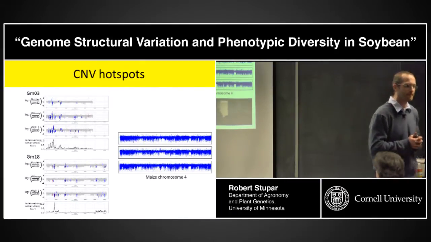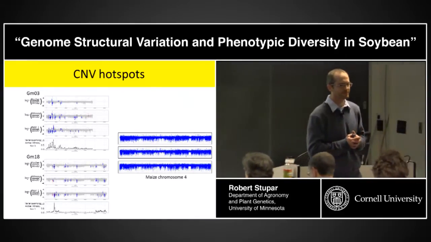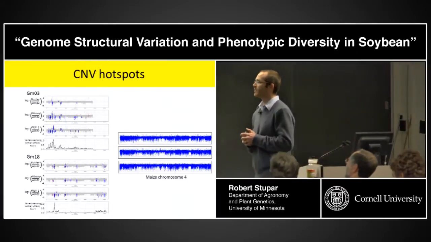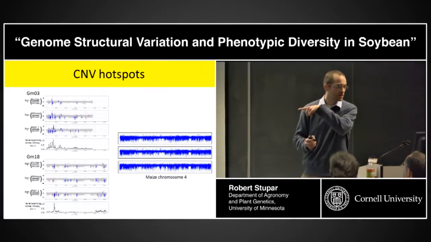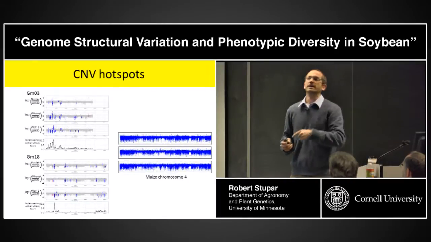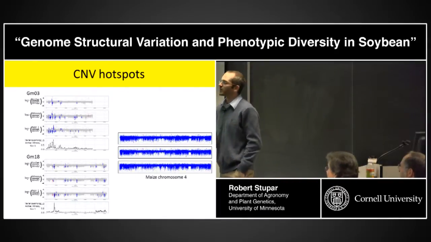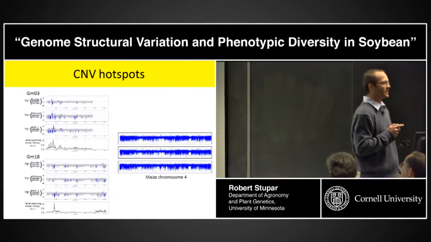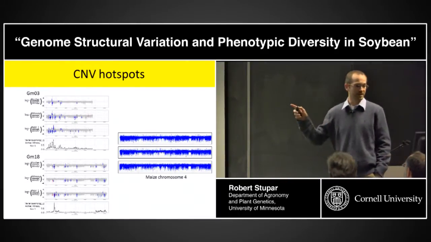Yeah? So are they really hotspots, or are they identical by descent? You mean in soybean? Yeah. Are they old and common, or are they truly hotspots and they're all unique within that? I see. You're talking about the soybean peaks.